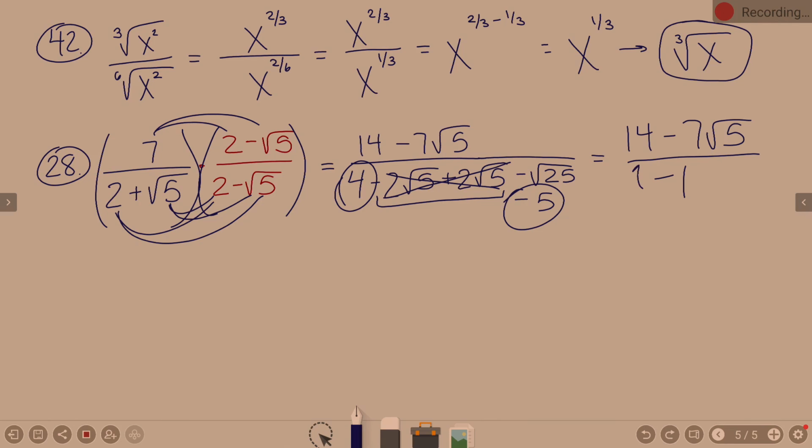If you divide negative 1 into both of these, it just changes the signs to negative 14 plus 7 square root of 5, which is what I would guess my answer key says. And I know that was quick because I was trying to beat the bell here. But if you don't remember how to foil, you need to go back and review that, right? Make sure you have checked over your worksheet with the answer key.